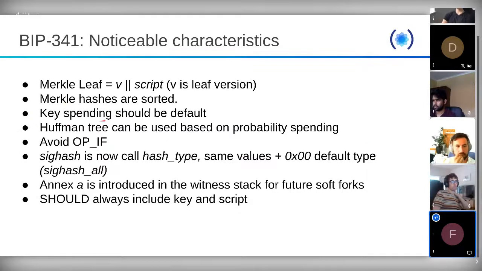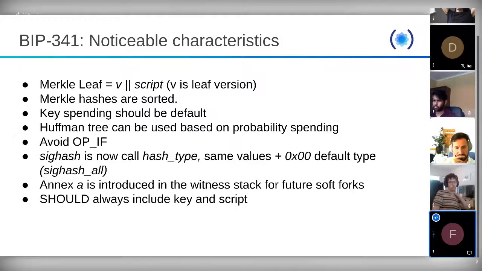All right. So key spending should be default. That's not the consensus here, that's more like advice. You should always make key spending the default. For example, let's say you do a multisig and it's 2 out of 3, with 3 business partners.